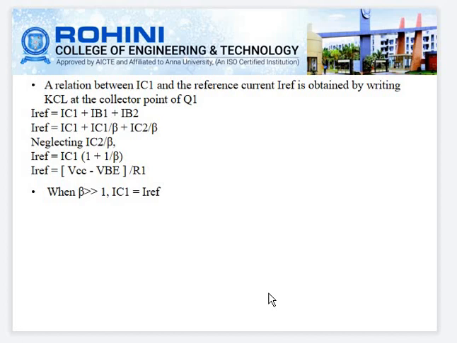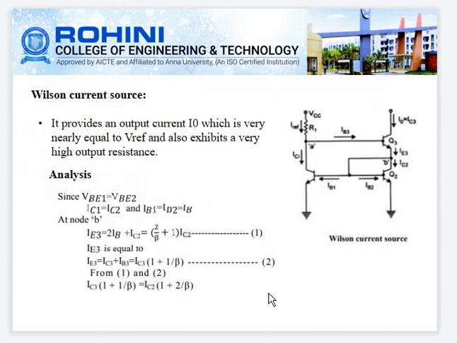Neglecting IC2 by beta, the reference current is equal to IC1 into (1 plus 1 by beta). So the reference current is equal to (VCC minus VBE) by R1. Here the beta value is always greater than 1, so the reference current is approximately equal to the collector current of transistor Q1.